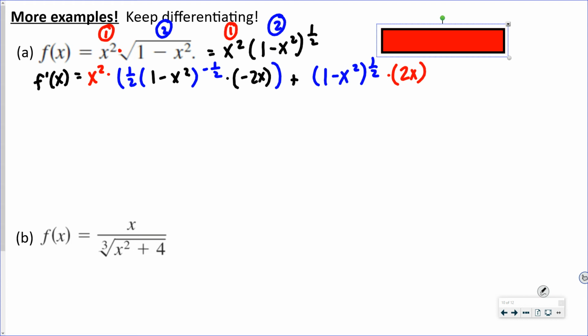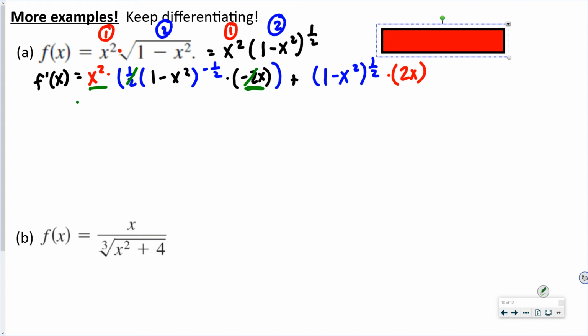Okay. I'm going to use my green one to kind of simplify here. So in my first step, where I multiplied first times the derivative of the second, I see I have a 1/2 and I have a 2. Those would cancel each other out. And then the only other thing I'd maybe do is multiply the x squared to the negative x together.